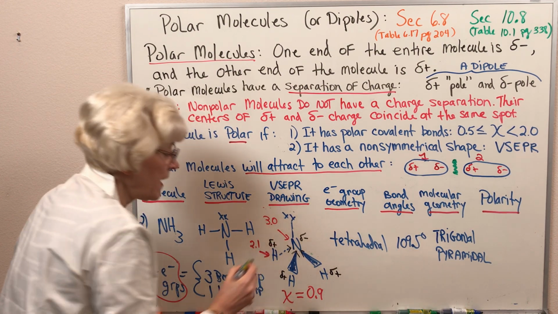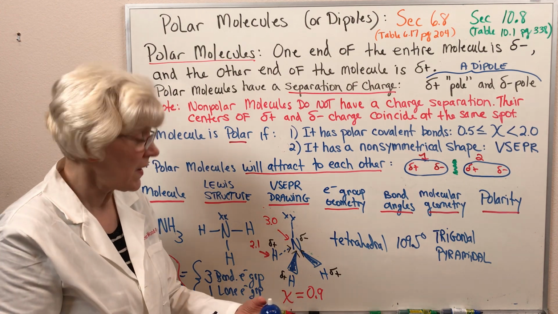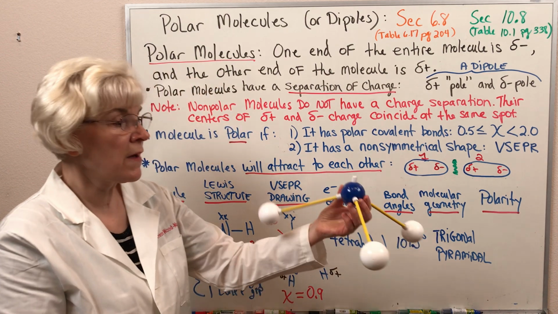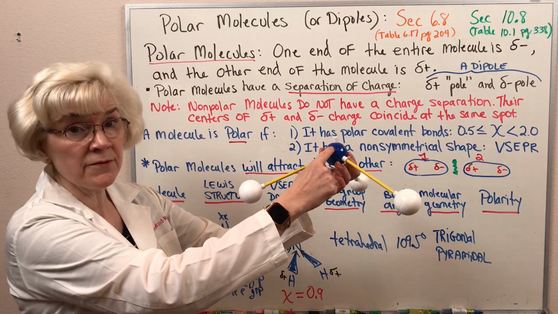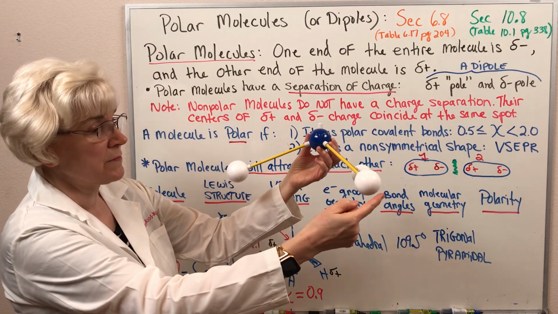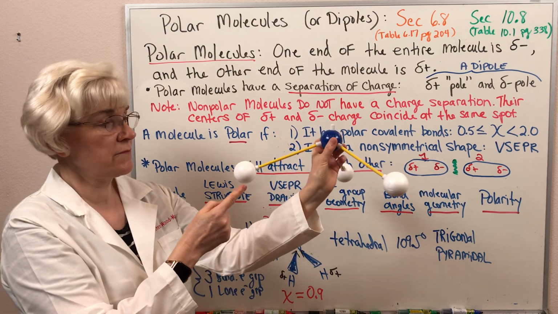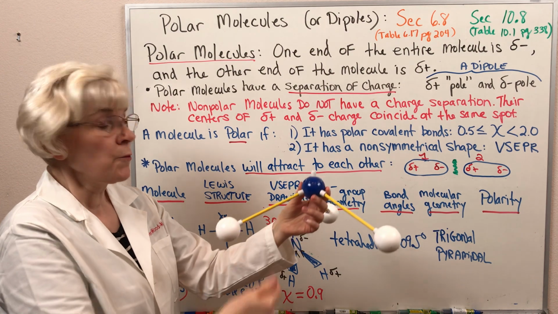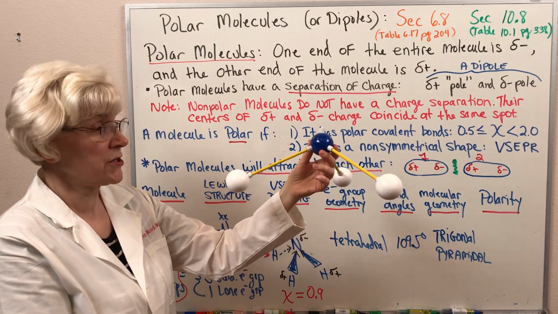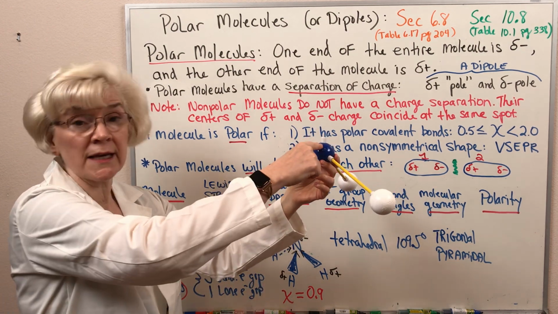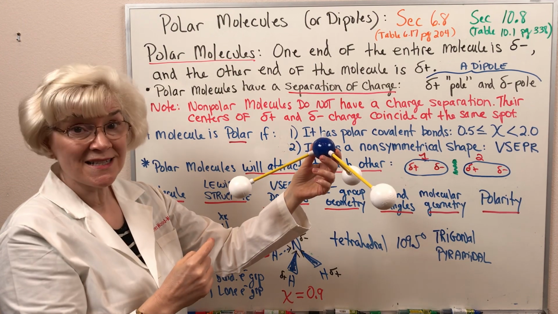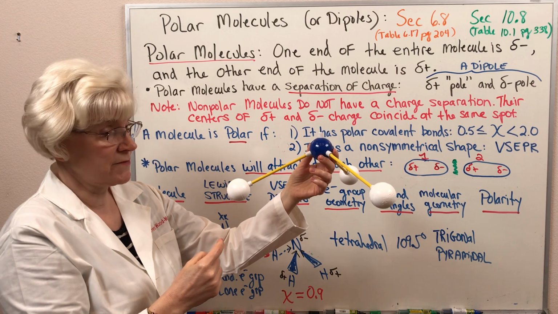And each of the hydrogens is partially positively charged. So, looking at the model, partial negative on the nitrogen and partial positive on each of the hydrogens. Where is the center of partial negative charge? Clearly, it's resting on the nitrogen.